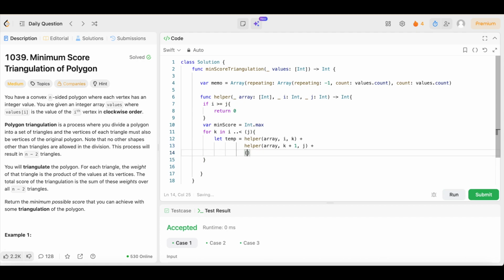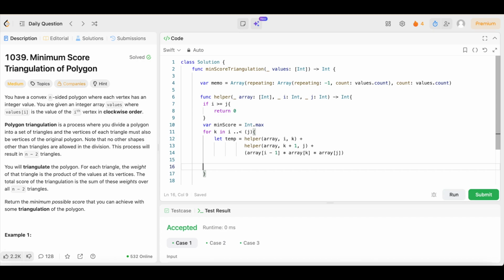Then we're going to open up the parentheses, we're going to say array, square bracket I, minus 1. Come outside the square bracket, we're going to say times, array, square bracket K. Come outside of that, we're going to say times, array, square bracket J.